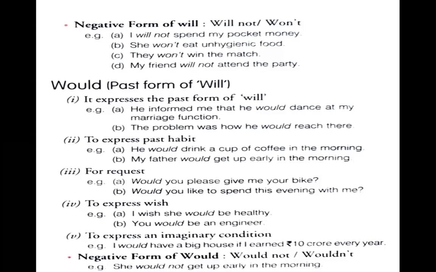Would refers here to past habit, meaning he used to drink, or would drink, in the past; he had the habit of drinking a cup of coffee in the morning, but now it is not so. My father would get up early in the morning. This was the habit in the past, but not in the present, right? So past habit we can express with would.